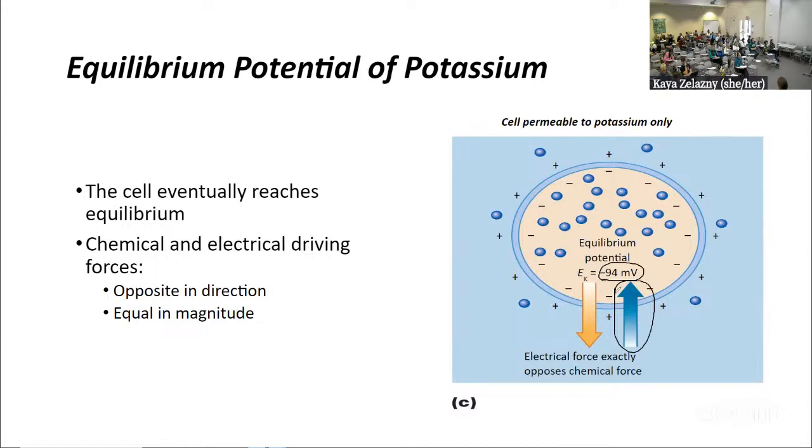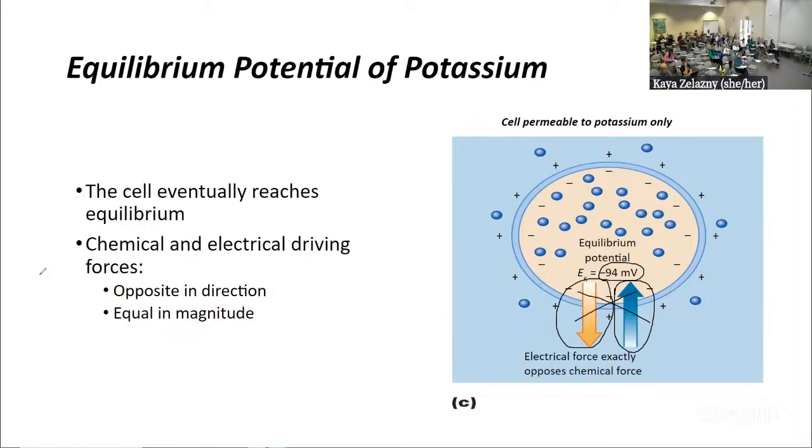So if we were to get to -94, that electrical driving force is so strong now that these two cancel each other out, which is why this is the equilibrium potential for potassium. Because that's the point at which we don't have any net force. We don't have an electrochemical driving force because these two are the same magnitude and in opposite directions.